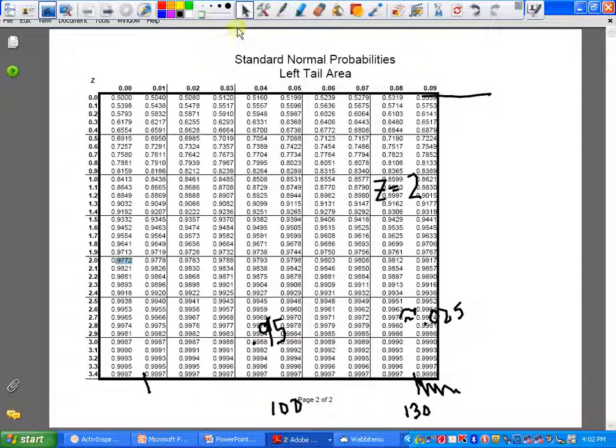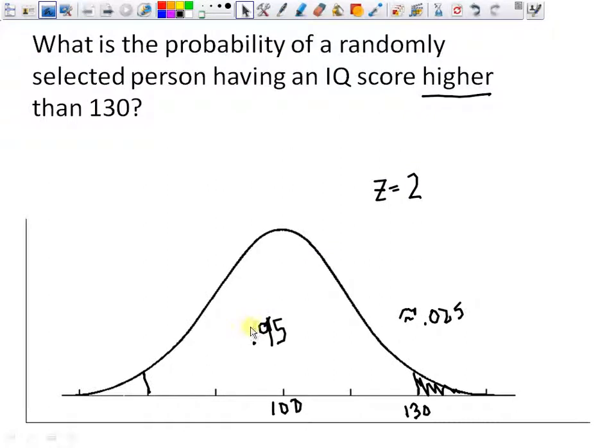So let's go back to our curve. This says that everything less than this score is 0.9772. So if we're trying to get the probability of being greater than that, we can subtract it from 1, since we know the curve adds up to 1.